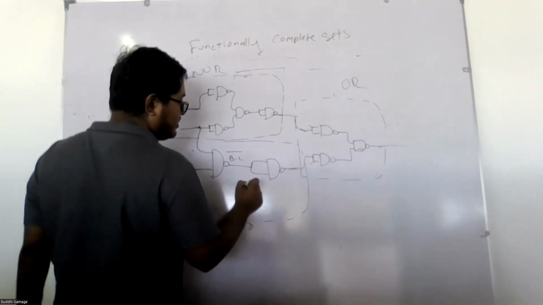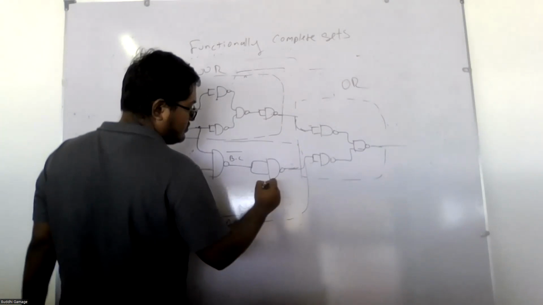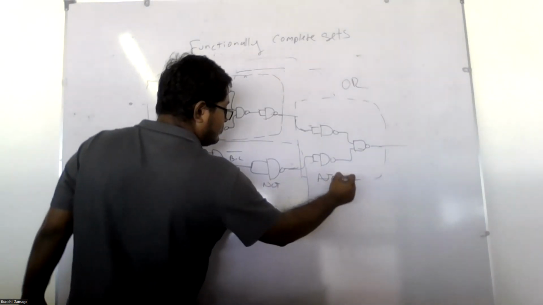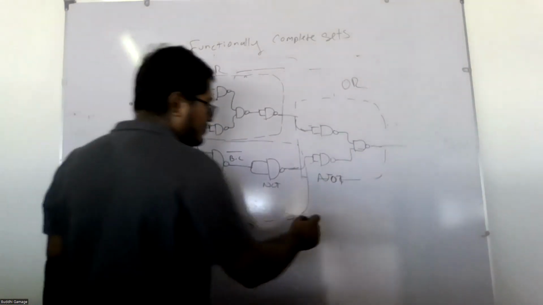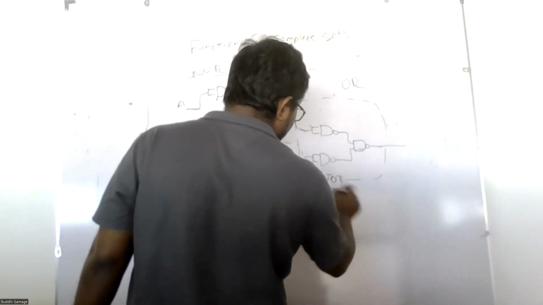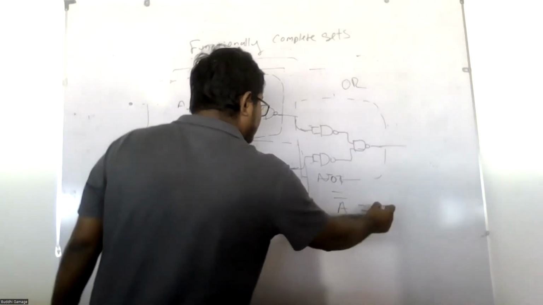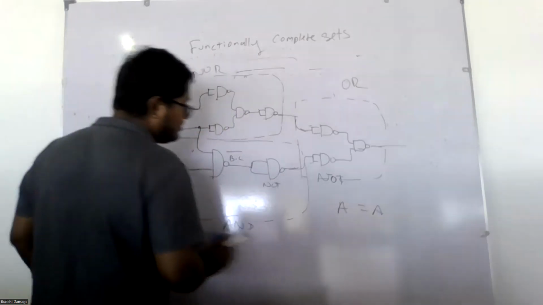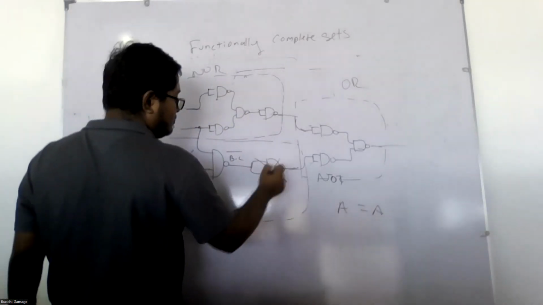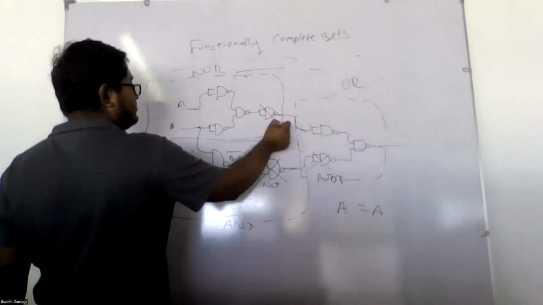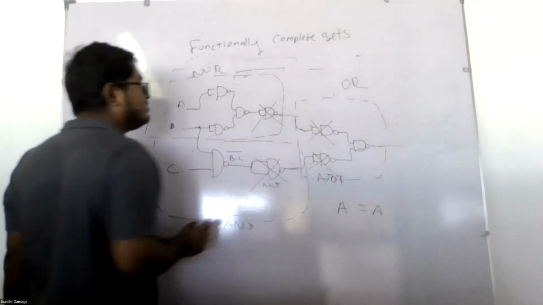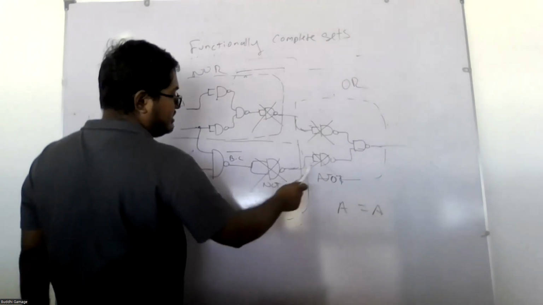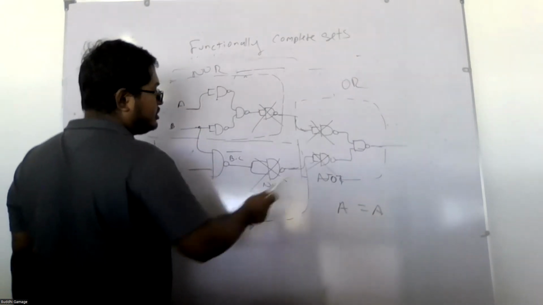And you can see this is double negation, right? It is again not, not. Let's say A bar and A bar. If so, we can remove these ones, right? So that means we can reduce these two gates. And here also we can reduce these two gates because they are connected with each other and only doing the NOT operation.